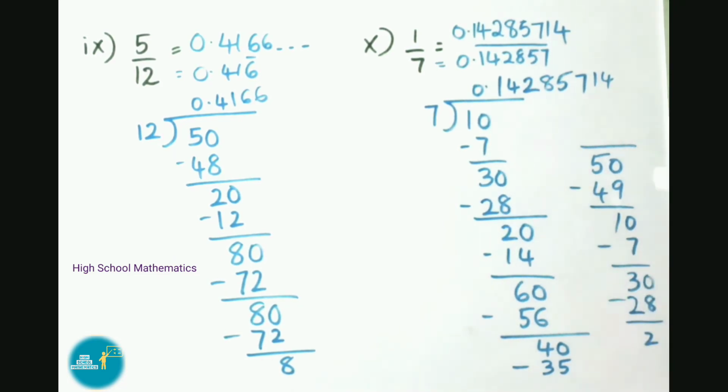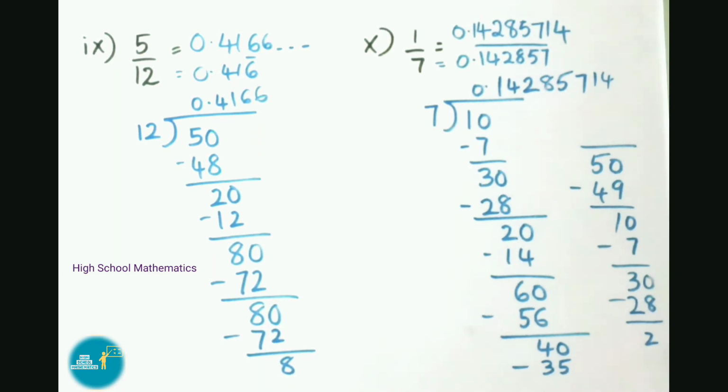Now 7 ones are 7. 10 minus 7, remainder 3. Decimal is there, add a 0. Now the number is 30. 7 fours are 28. 30 minus 28, we got a remainder 2. So if you observe, here onwards again our division is repeating.